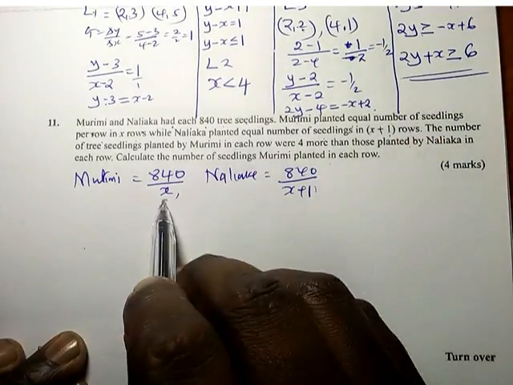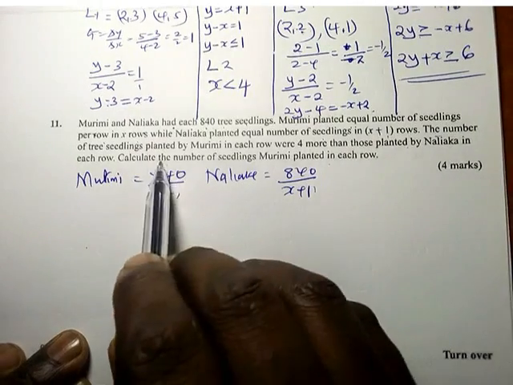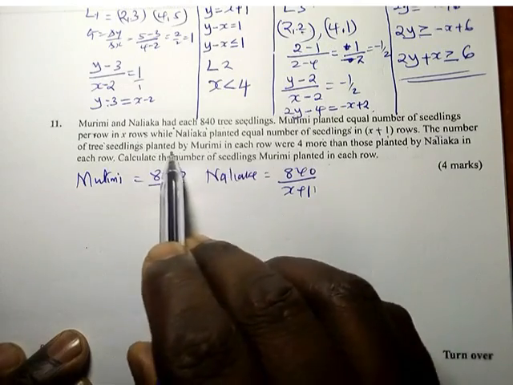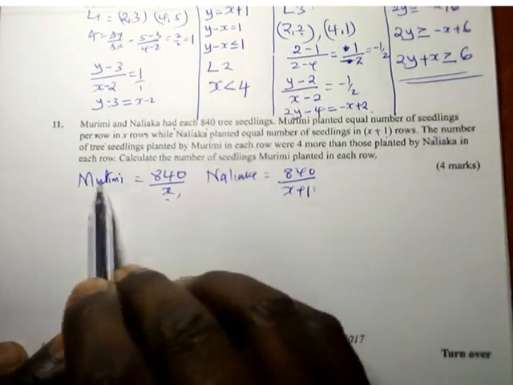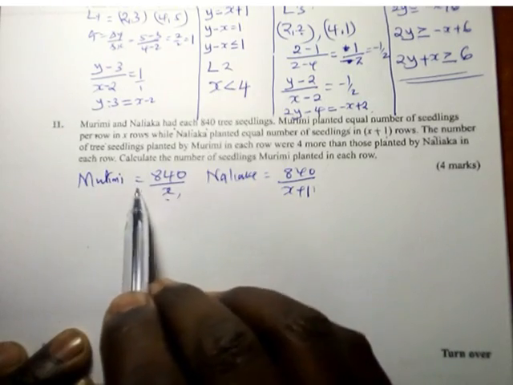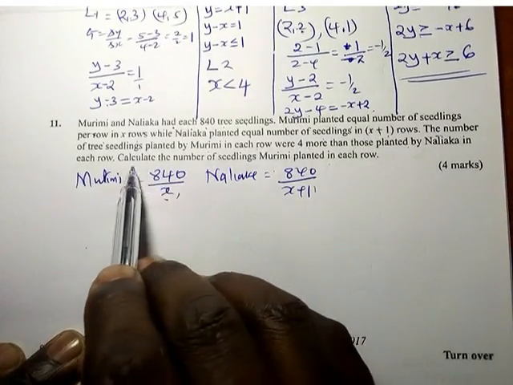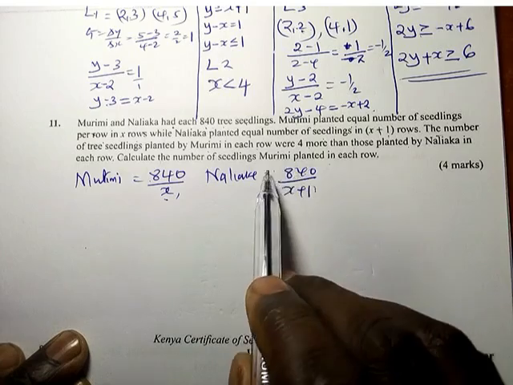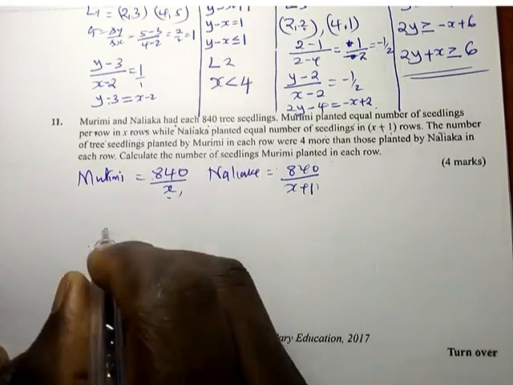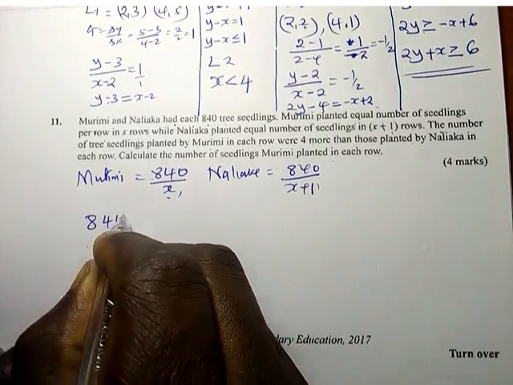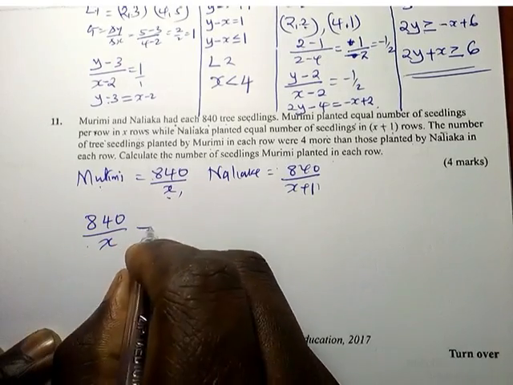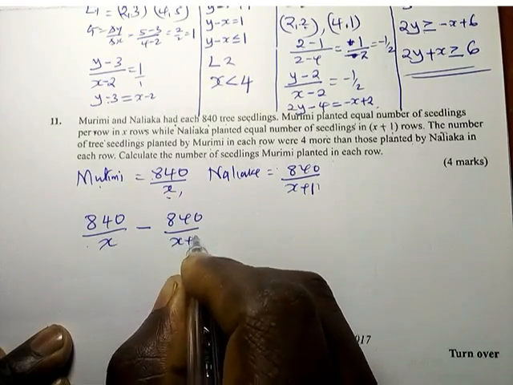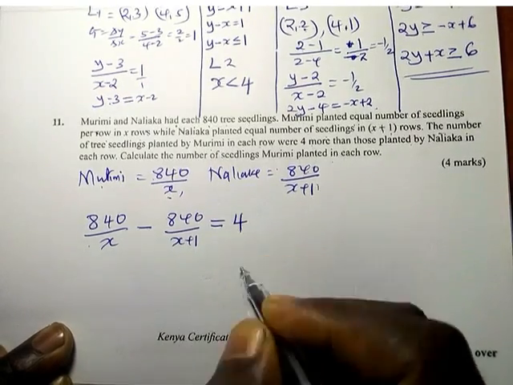But by so doing, the number of seedlings planted by Mulimi in each row were 4 more. So meaning if we subtract that for Mulimi minus that for Naliaka, the answer will be 4. So 840 over x minus 840 over x plus 1, the answer should be 4. Right?